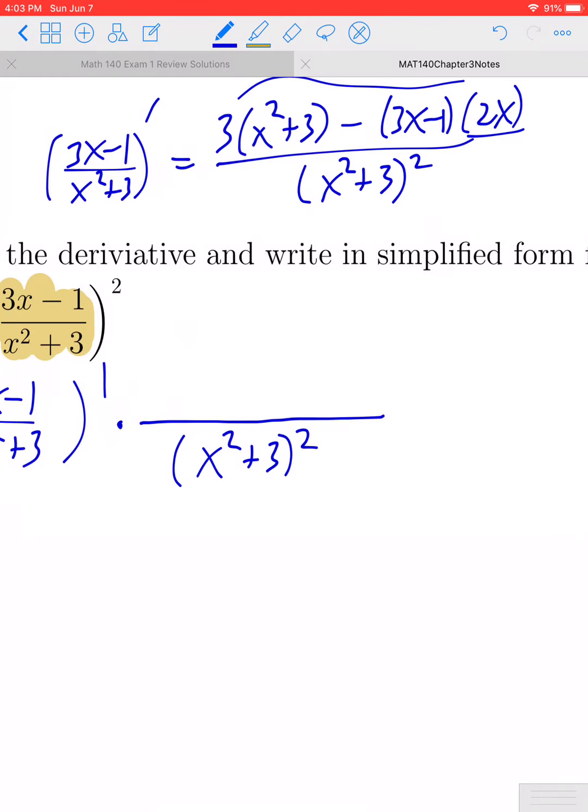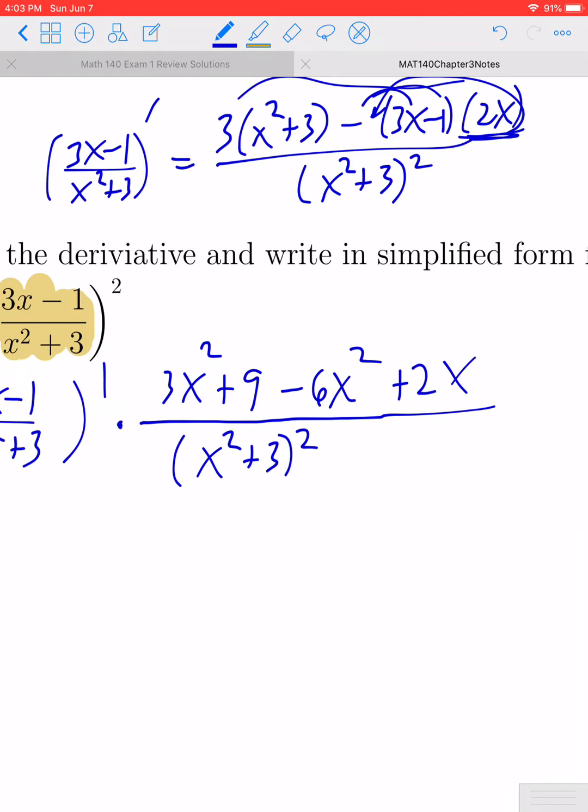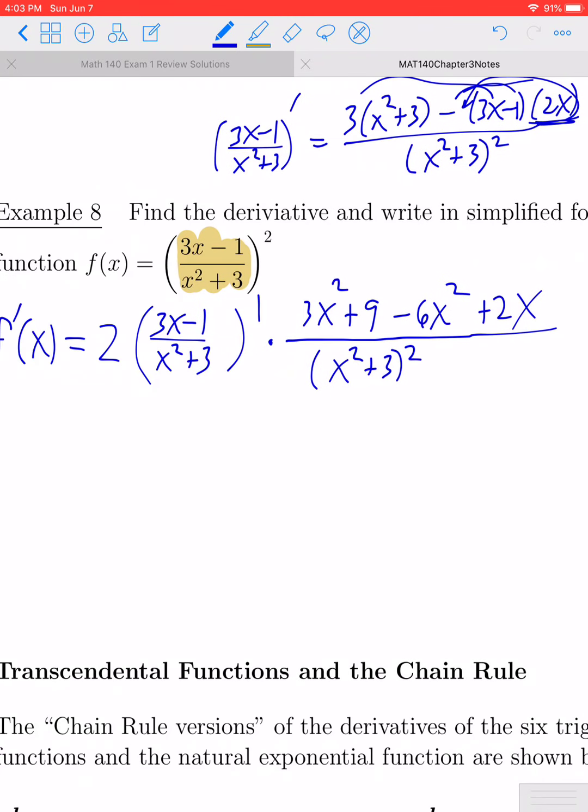And if I expand this a little bit in the numerator, we're going to have a 3x squared plus 9. I can think of this term, if I bring it around in front, like a negative 2x distributing. Negative 2x times 3x is a negative 6x squared. And a negative 2x times a negative 1 would give us a positive 2x.